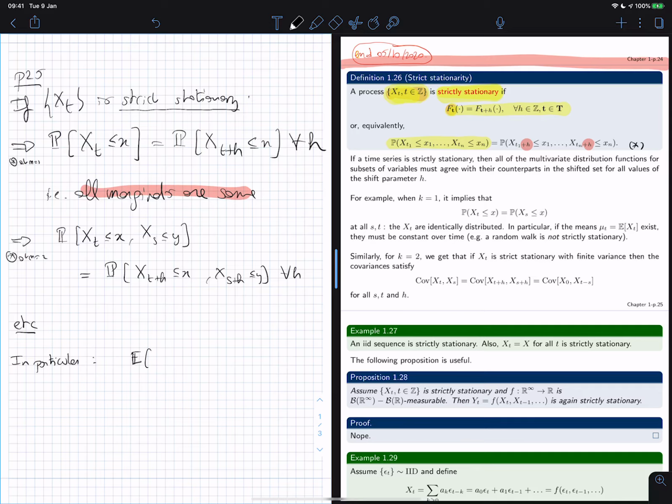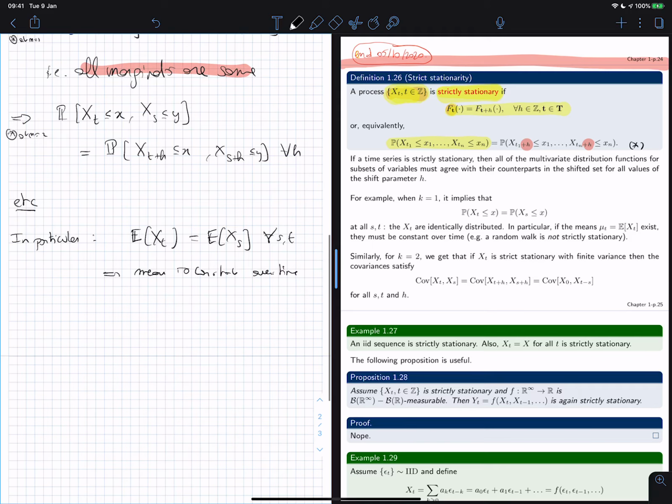So the expectation of Xt is equal to the expectation of Xs for all s, t. Therefore, the mean is constant over time. So if your process is stationary, it can have a non-zero mean, but it will be evolving constantly around this mean, like that.